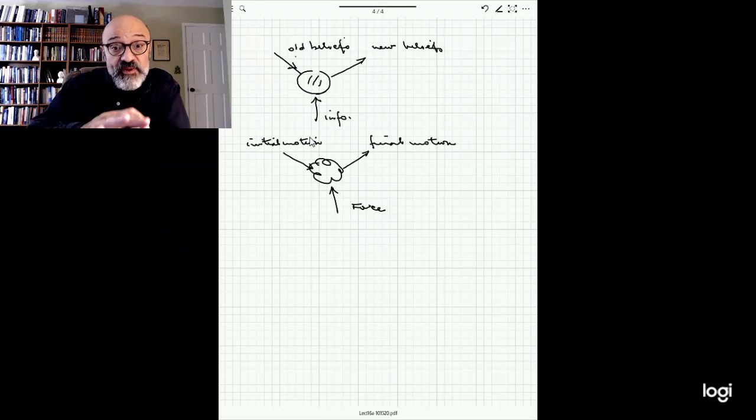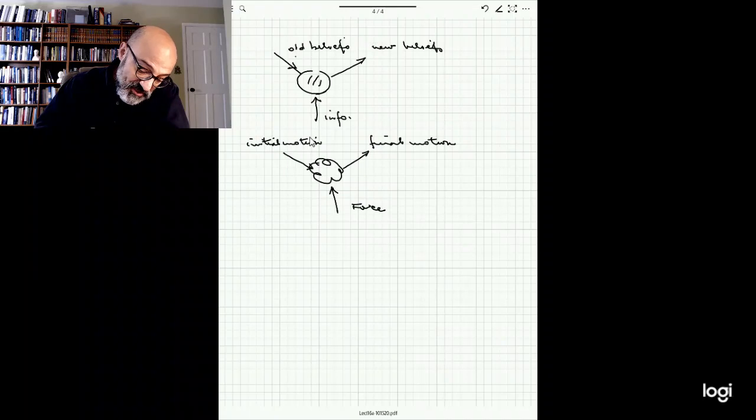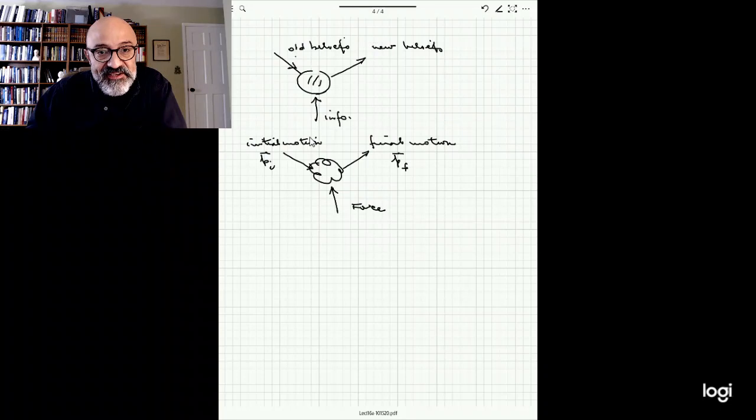Force is what allows you to change from an initial state of motion to a final state of motion. The state of motion is defined by an initial momentum, as you make the transition to a final momentum. And whatever enters here is what we call force.